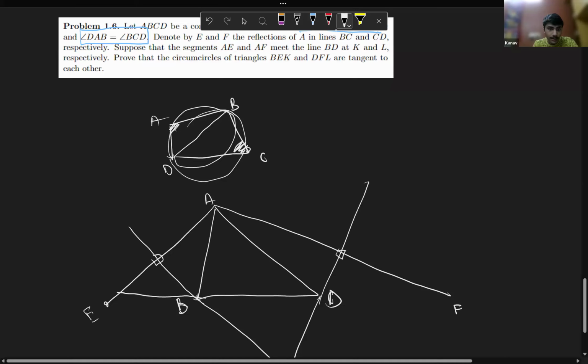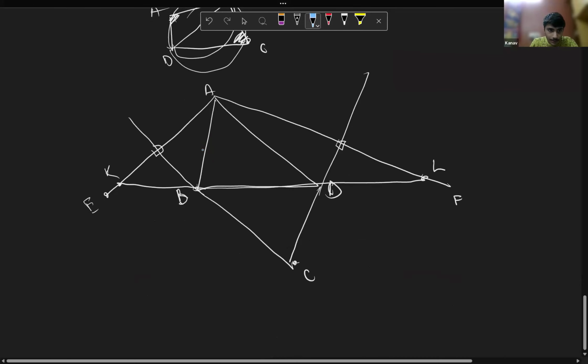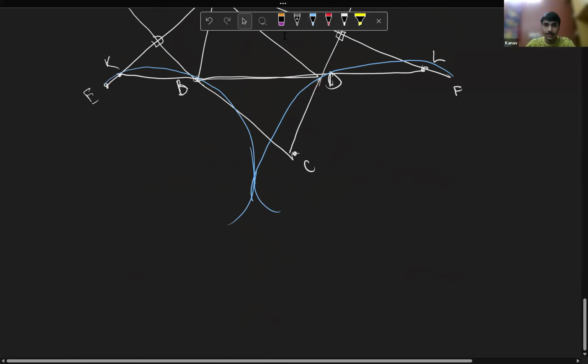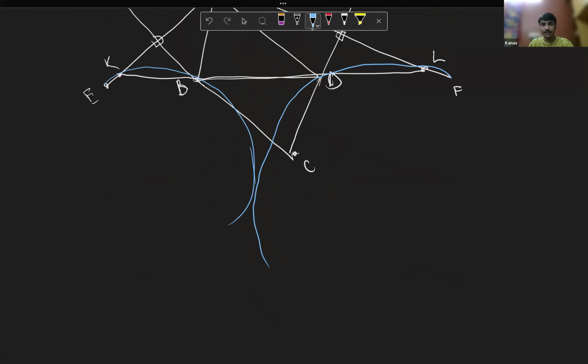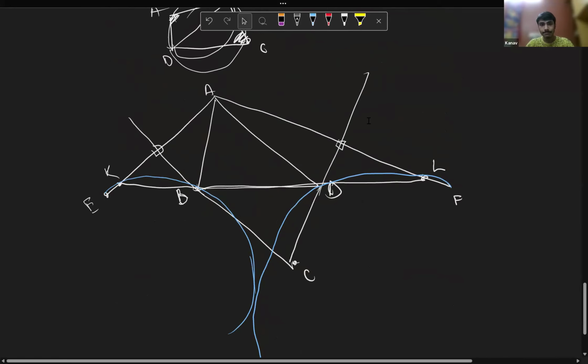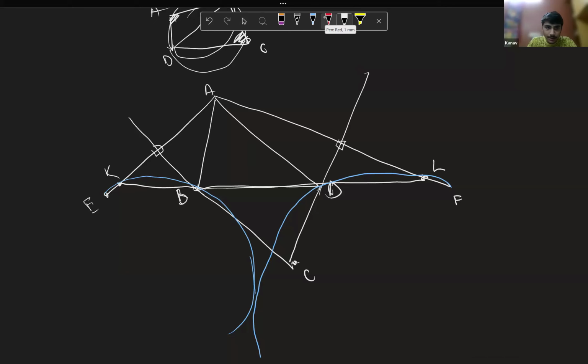And these lines intersect at K, L. Now we want to show that these are actually tangent. It's a bad circle, but just believe it. It's hard to draw. Just believe both of these are circles.